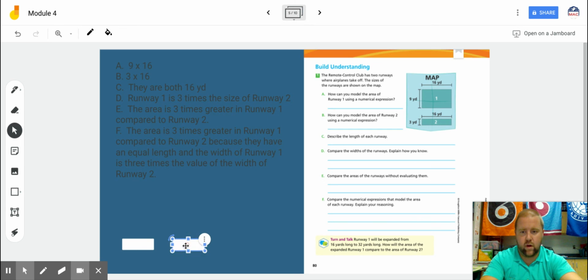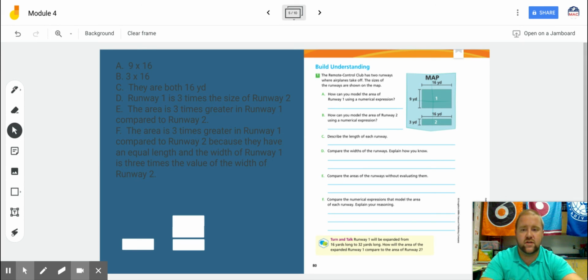So runway 1 is 1, 2, 3 of these. This doesn't match up perfectly, but I'm trying to give you the visual here to understand. When we say 3 times the size, that means we have 3 of the runway 2 to make up a picture for runway 1.